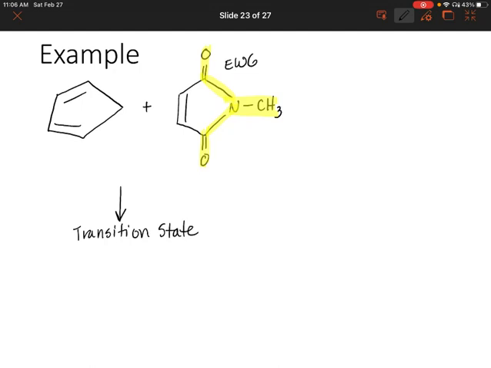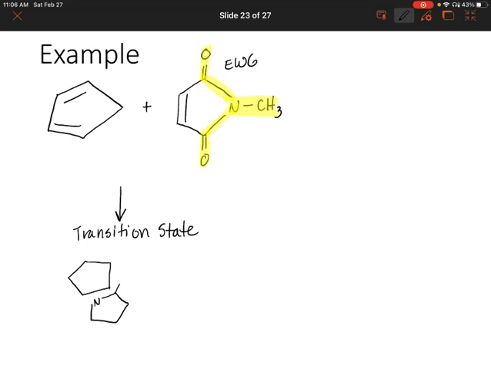Okay, so don't worry if your drawing looks a little funky. I have trouble drawing this as well. But maybe you're an artist and you are much better at drawing than I am. All right, so let's draw our dienophile down below, and we want to make sure that that electron withdrawing group is facing inward towards our diene.